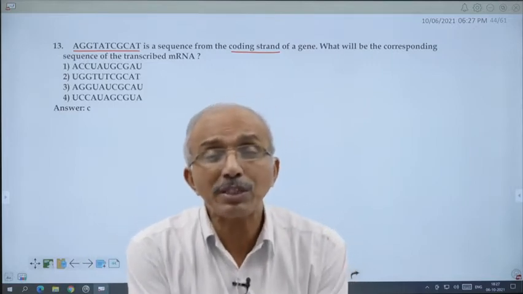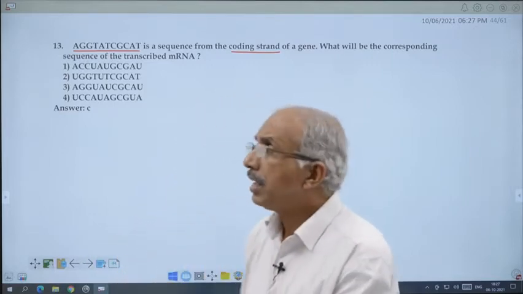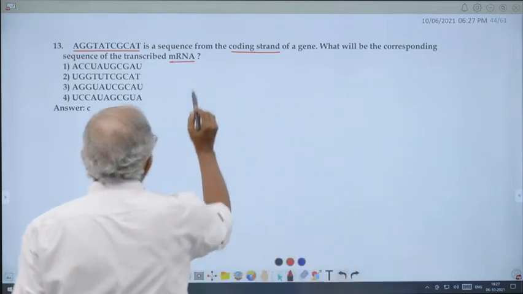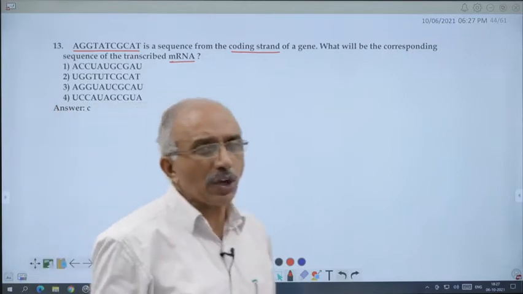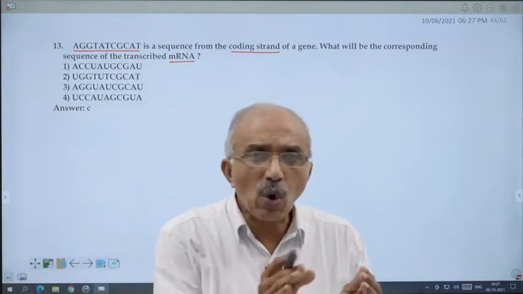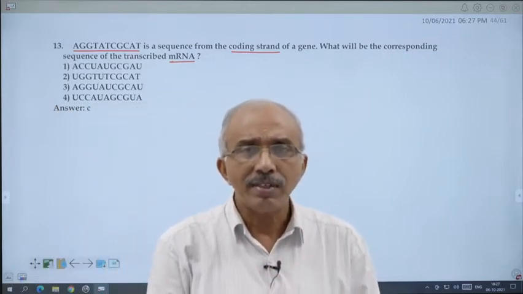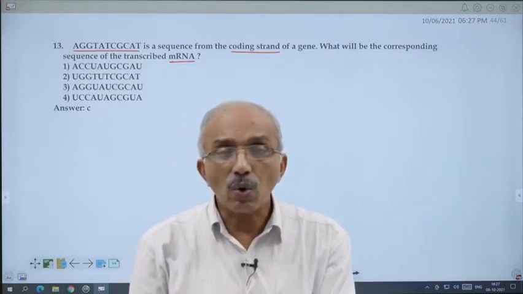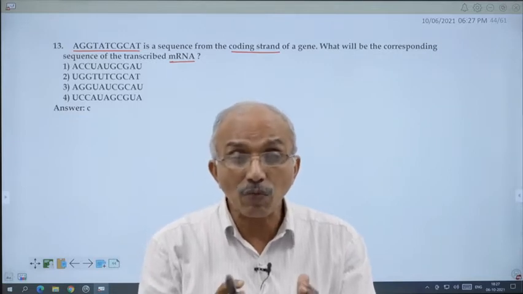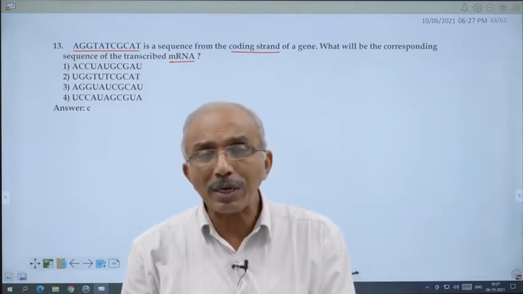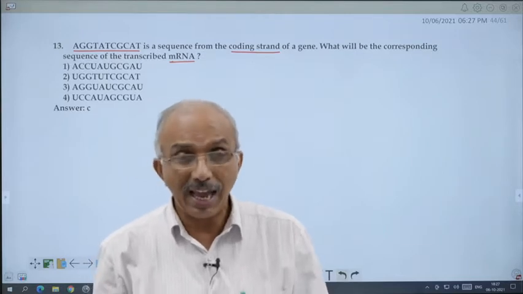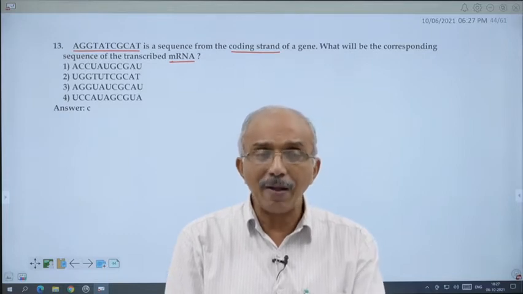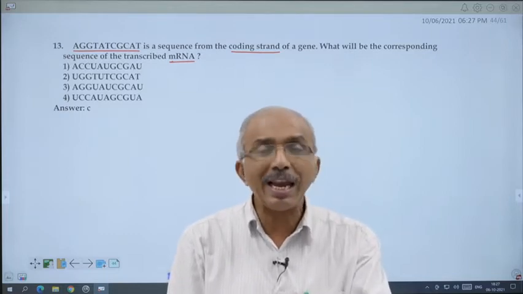If the base sequence of coding strand is given and it is asked to write the sequence of mRNA, the sequence of coding strand and the sequence of mRNA will be the same, except in the place of T in DNA, it will be U in mRNA.